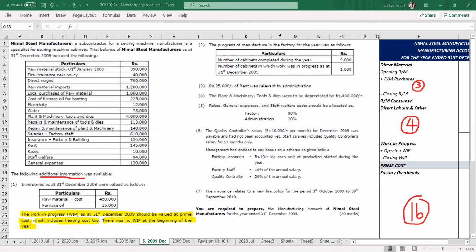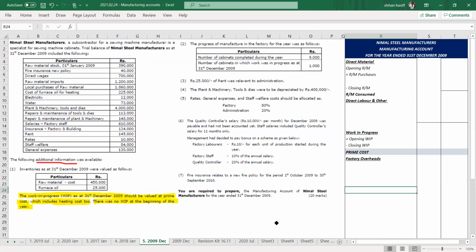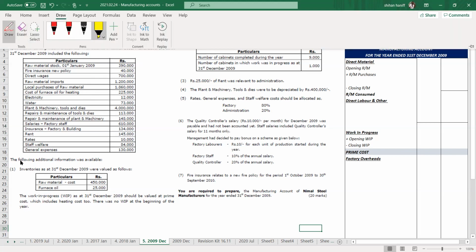Shall we start now? Okay, so we will start from the additional information. Always remember the steps. First the format, then the additional information, then the trial balance. First step, the format. Second step, additional information.